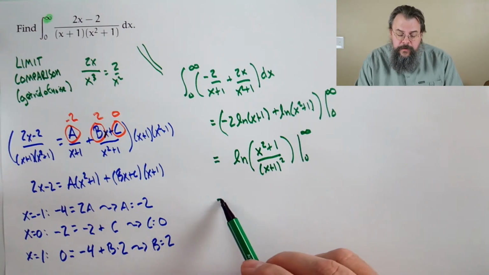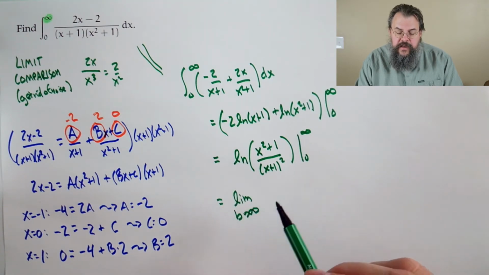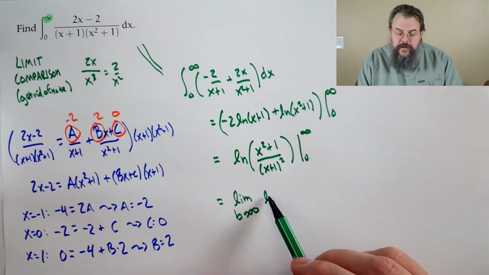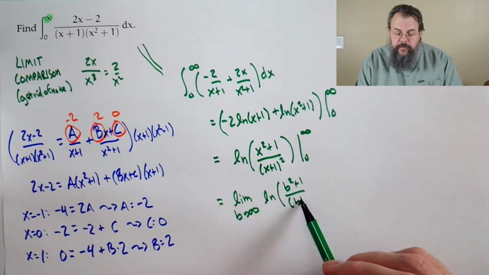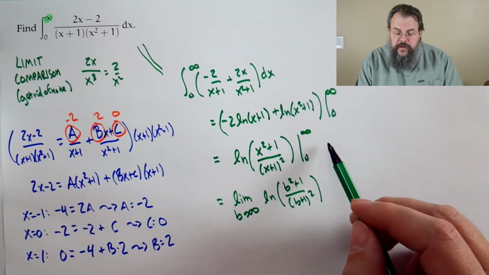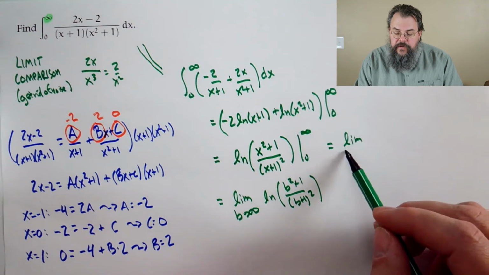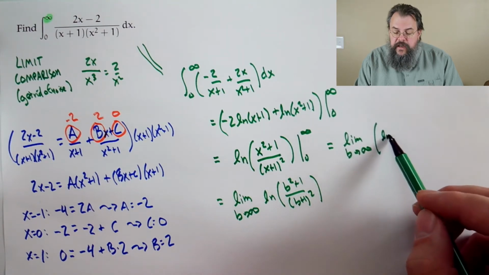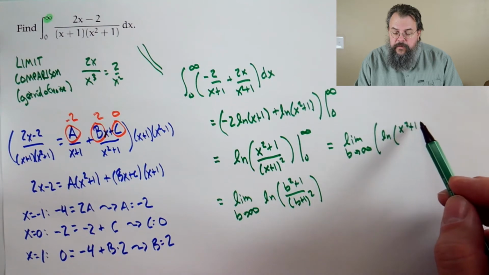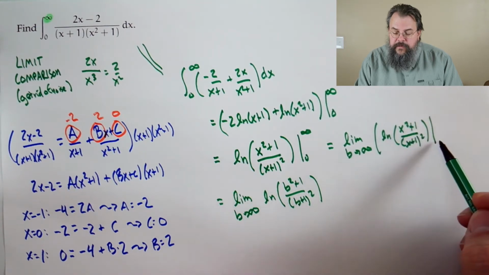All right, so we're looking at the limit as we head towards infinity of the natural log of b squared plus 1 over b plus 1 squared. So if you're saying, wait, where did this come from? Well, you could think of it as we sort of said there's this intermediate stage. Limit as b goes to infinity, natural log of x squared plus 1 over x plus 1 squared, evaluate from 0 to b.